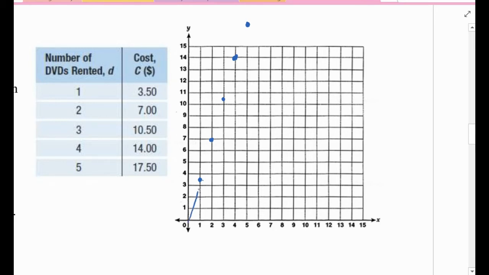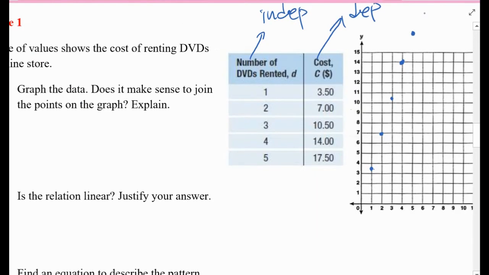If we join the points, that means there are infinitely many points in between 2 points. But we cannot put any more points other than whole number points. Therefore, we do not join the points. Make sense, everyone? If you do not join the graph, that's called discrete data.